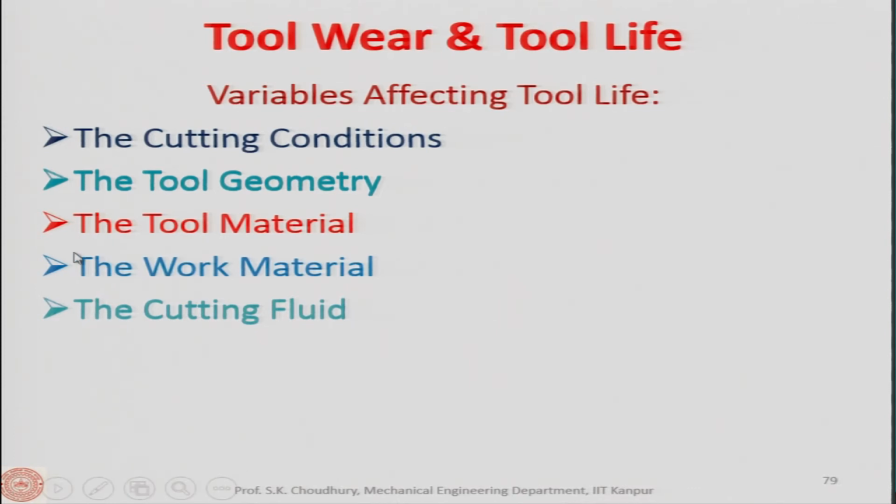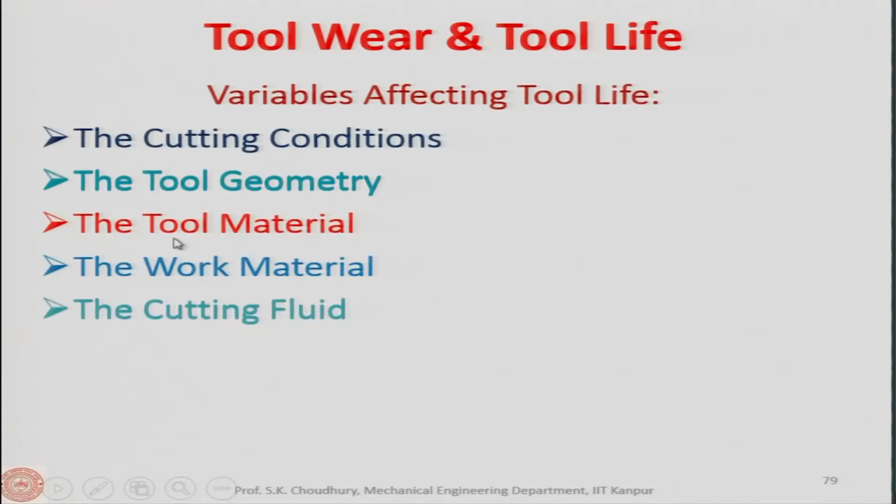Okay. Next is the work material. Of course, this is related to the tool material. I just told you that if the work material is hard, then the tool material cannot be soft. By the way, the hardness of the tool material has to be always more than the hardness of the workpiece material.